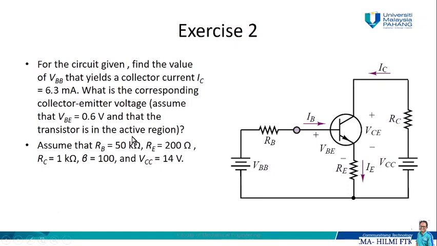So the assumption is given. Okay, you can proceed with the next step that has been explained in the previous slide. Assume that the values as shown here, RB, RE, RC, beta, gain, and VCC is 14 volt. So please answer these two questions and submit through the pod in Kalam.